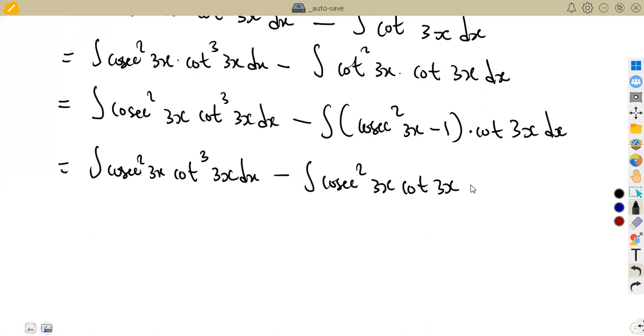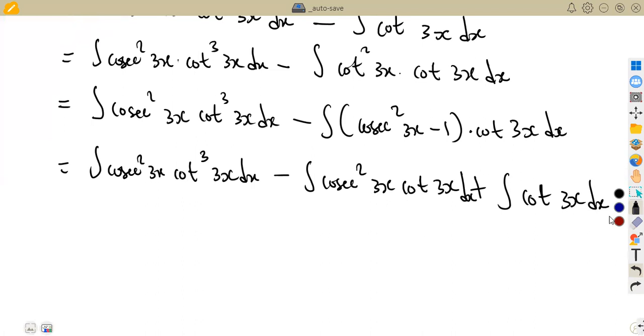Here minus and minus is a plus, so plus the integral of 1 times cot 3x with respect to x.